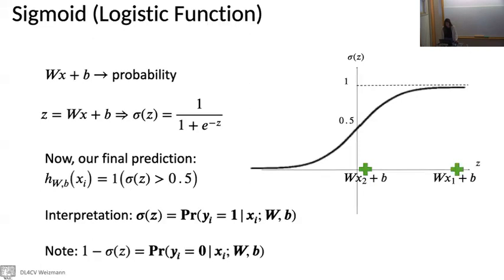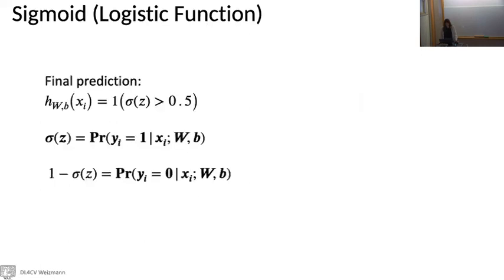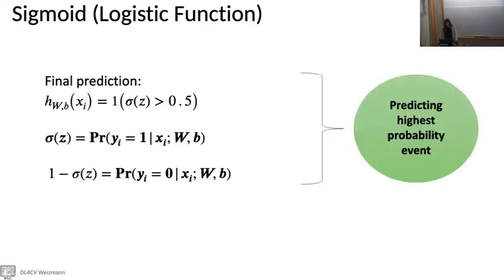And if we look at the opposite, 1 minus the sigmoid, it is the probability of having labeled our data point as 0. So we have this logistic regression classifier using the sigmoid, with this probability interpretation. The main intuition is that we want to predict the highest probability event.